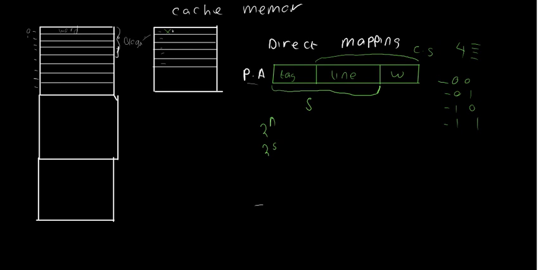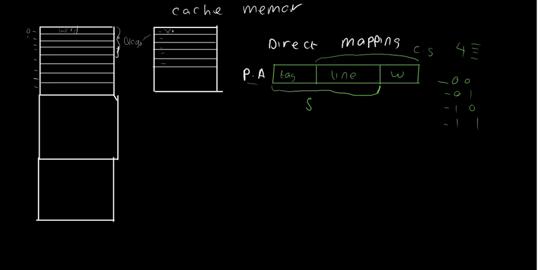Our block size would be 2 to the power w, because that's the size of blocks here. Then our number of lines, if I'm not mistaken, we use r for that, would be 2 to the power r. Then our cache size is 2 to the power r plus w. Our number of blocks, we've already said it's 2 to the power s, which is just 2 to the power t plus r there. Again, as we start doing our calculations, we'll look at how to use these better, right?